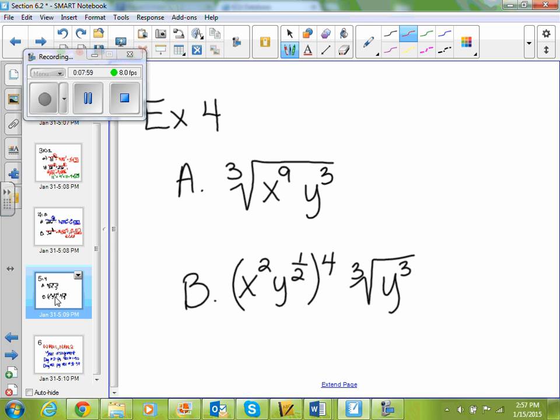When you're doing this, we take our inside numbers and we divide them by our outside numbers. So, Kalani, what's 9 divided by 3? Okay, so that becomes x to the third. What's 3 divided by 3? So that becomes y to the 1. And you're done. See, we didn't know how to do it. That was it, yeah.